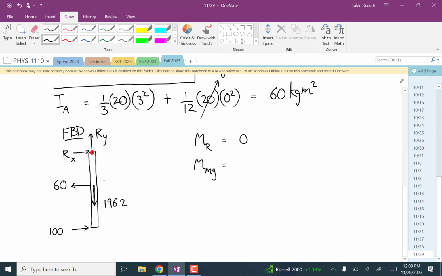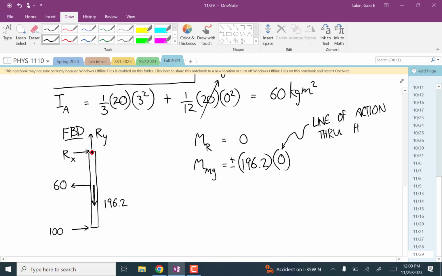And what you see is that this weight force, its line of action goes right through the about point. And so that means that there's 0 moment. Okay. So we have 196.2 times 0, because the line of action goes through the hinge. So this is also 0. Now the 60 newton force.